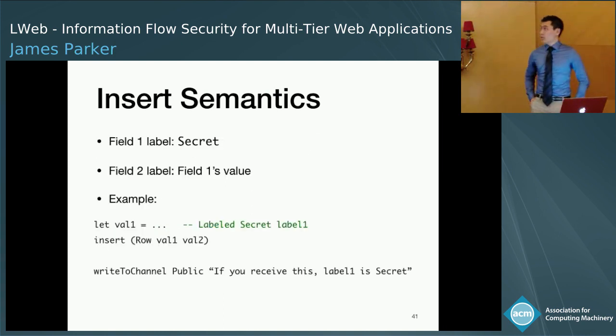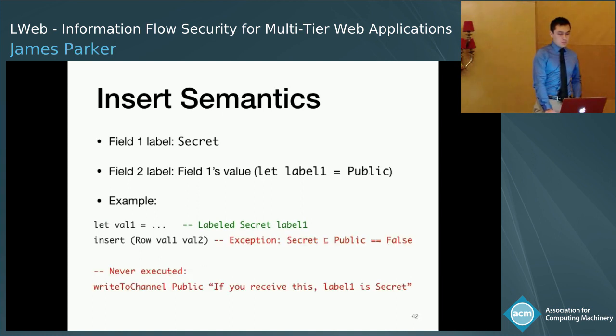So one more example. Let's assume that the field label is secret, and the label of field 2 is actually field 1's value. So now we have a dependency between the labels in the current row. So let's have a value val1. This is a labeled secret, and let's assume its label is label1, some variable.